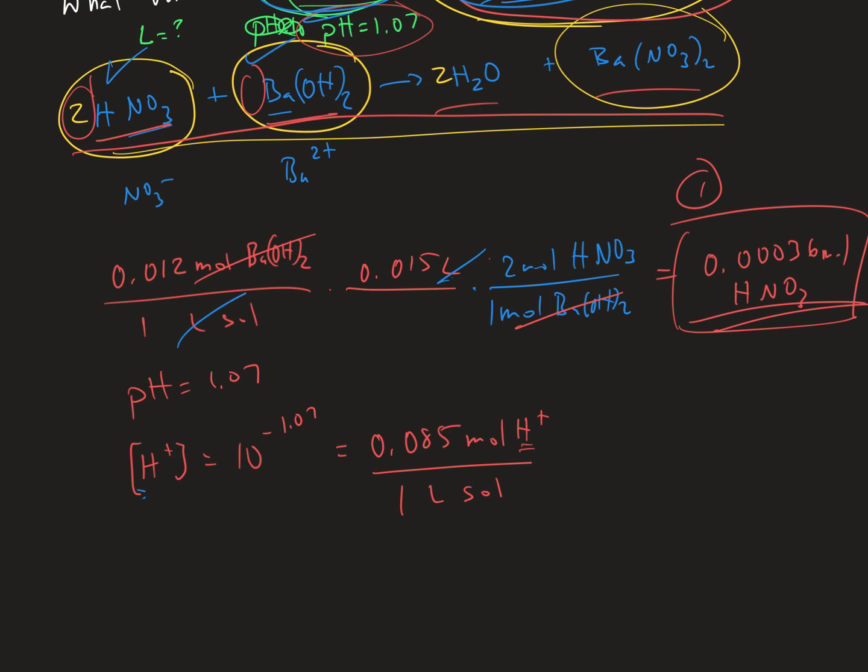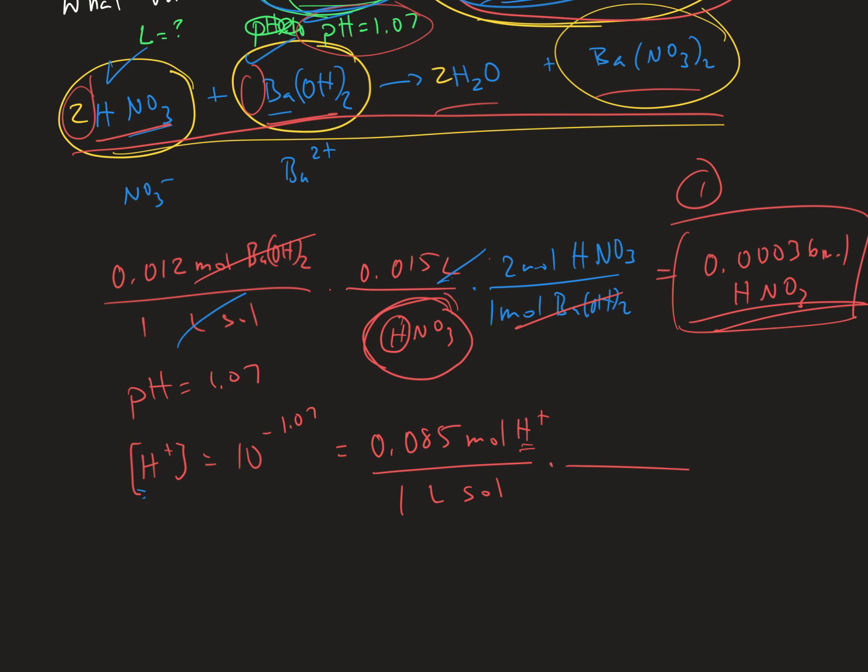But that's not what we want. We want the acid, HNO3. So what's the ratio of HNO3 to H plus? One of those to every one of those. The other one was 2, yes, but there's only one here. We're not using the balanced equation here, we're just using this formula.